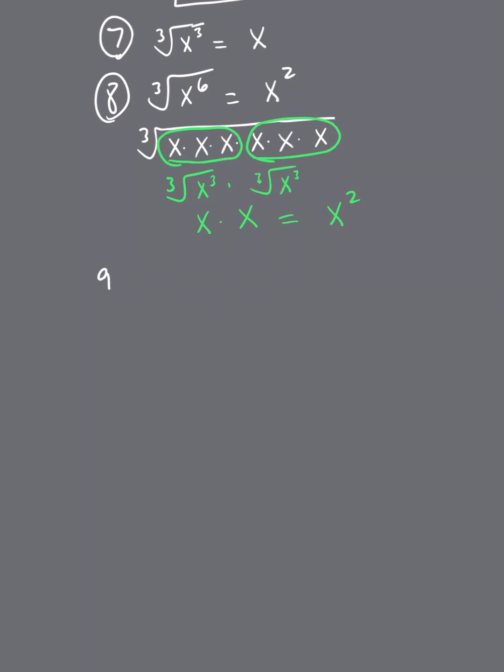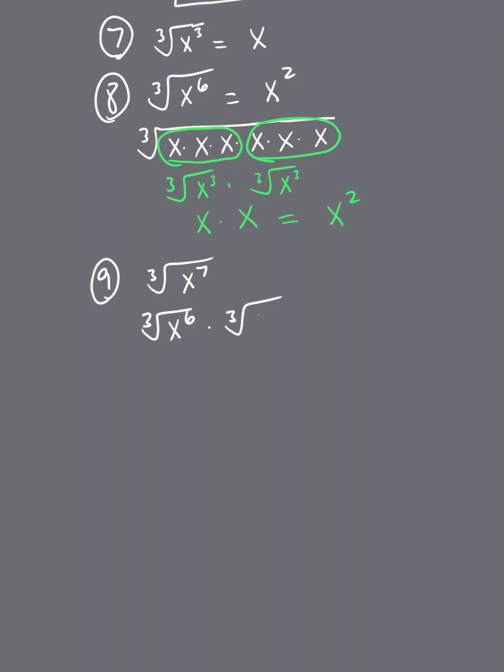Now, if you're taking the cube root of x to an exponent that is not a multiple of 3, what you want to do is find the closest but lower multiple of 3 and then put any extra x's in another radical. So we know that the closest multiple of 3 under 7 is 6.